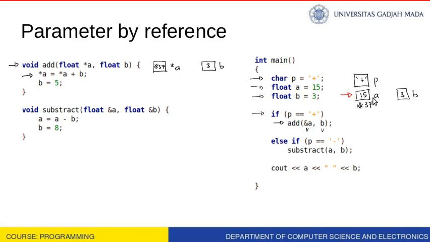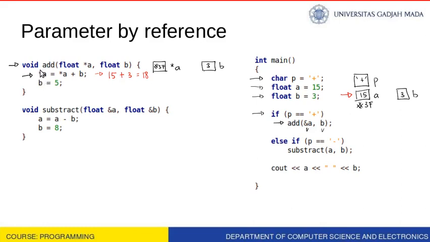It means that we have 15, so this one is 15 plus 3, right? And this will be equal to 18, and then we assign this number 18 to A. And which A?